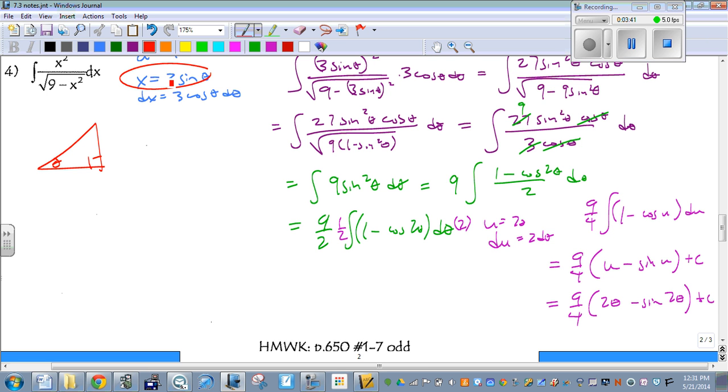We know x equals 3 sine of theta, so sine of theta equals x over 3. So the opposite side is x. The hypotenuse is 3. Our other side here is going to be the square root of 9 minus x squared. So for 2 theta, we have to solve for theta. Theta is going to be the inverse sine of x over 3.